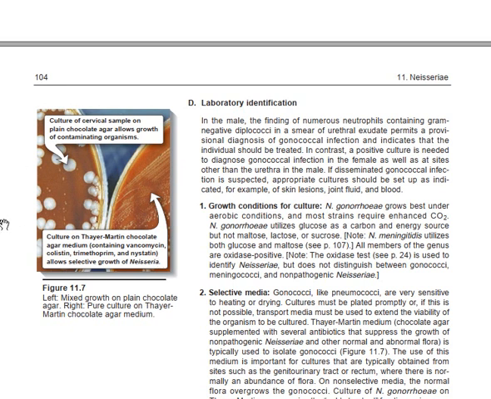So this diagram is just telling you that if you put a cervical sample on chocolate agar, you are going to realize that there are contaminating organisms that are going to grow on that chocolate agar.